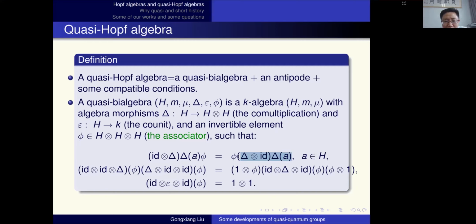After a conjugation by this invertible element, it is co-associative. But for this phi, we have an additional requirement: we must ask it to satisfy a pentagon relation. The last relation is a normalization relation, maybe it's not so crucial.